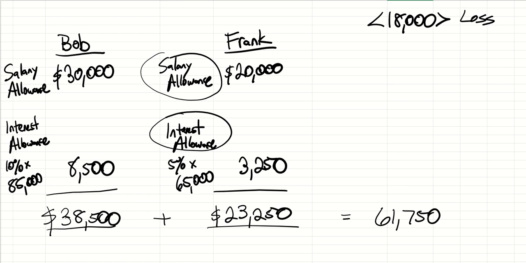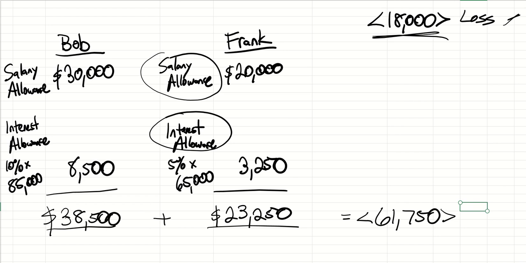So now the next thing we're going to do, which is step two, is we're going to take this $18,000 loss here. Okay, $18,000 loss here. And we're pretty much going to add the $18,000 loss to the $61,750 amount here. But what I mean by add, I mean this loss here of $18,000 is going to, in order for us to allocate the $61,750 appropriately to Bob and Frank, we're going to have to make this $61,000 as a negative as well.